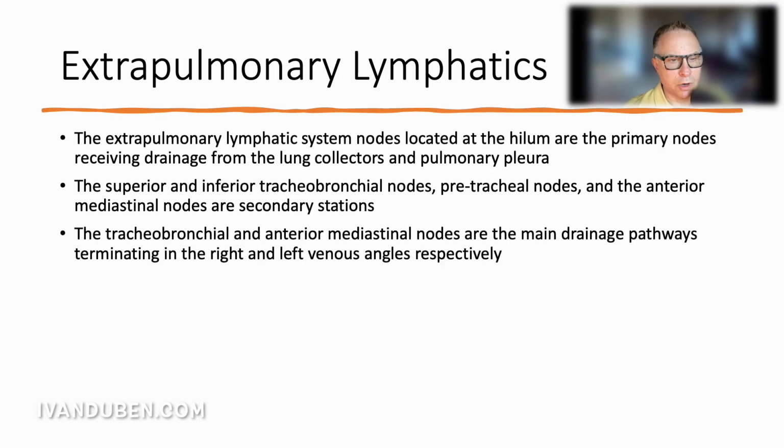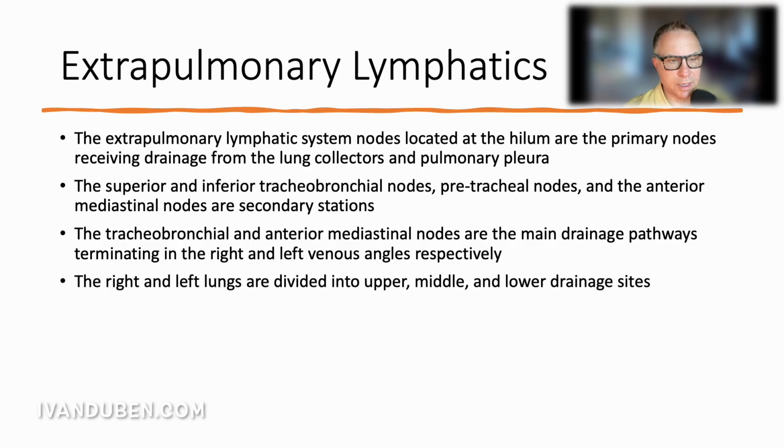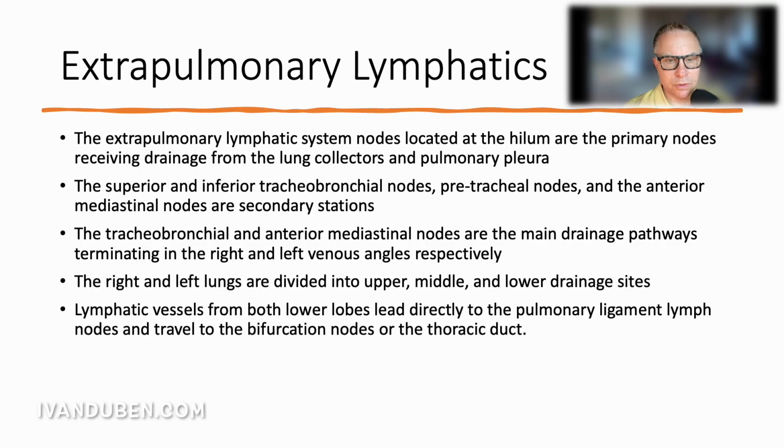The tracheobronchial and anterior mediastinal nodes are the main drainage pathways terminating in the right and left venous angles, respectively. The right and left lungs are divided into upper, middle, and lower drainage sites.